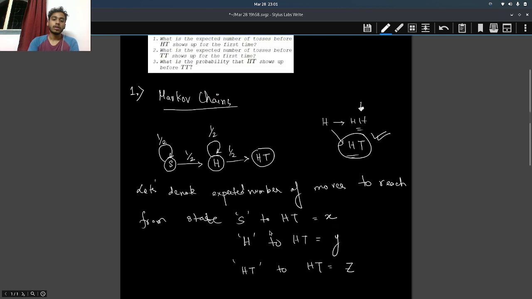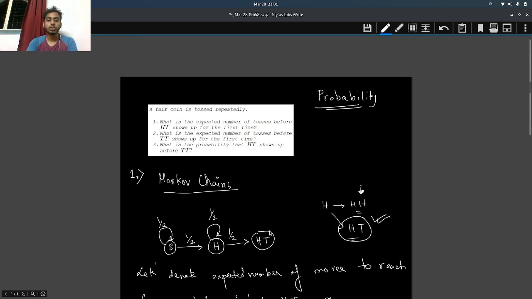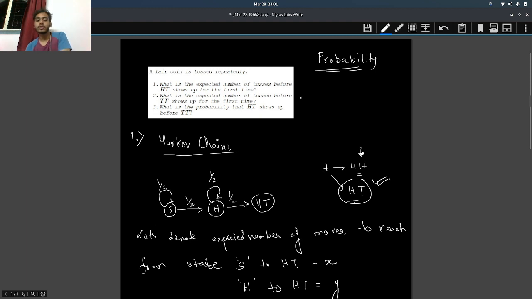What is the expected number of tosses before TT shows up for the first time? This you can try out yourself, pretty similar. I'll draw the Markov chain. Let's discuss the Markov chain, because this is everything we need in this question, and then it's just forming equations and solving it, right? So let's say we are at the starting point.